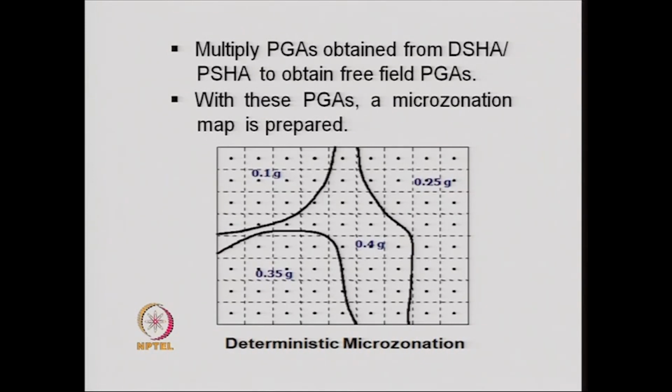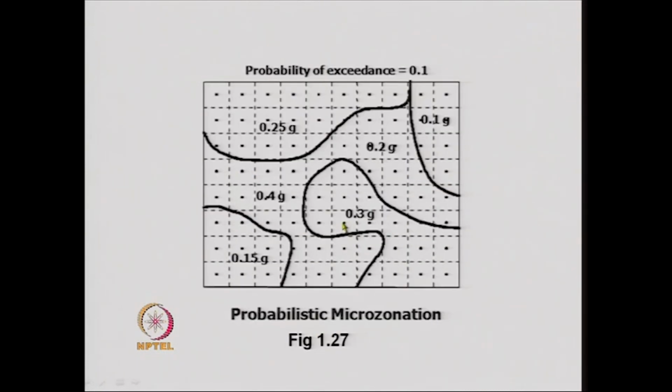So, a deterministic microzonation map for peak ground acceleration is shown over here in this figure. You can see that this particular region is controlled by this PGA, this region is controlled by this PGA, and so on. Therefore, if we have to construct a building, then the building should be designed with a PGA of 0.4 G. This one shows the probabilistic microzonation.